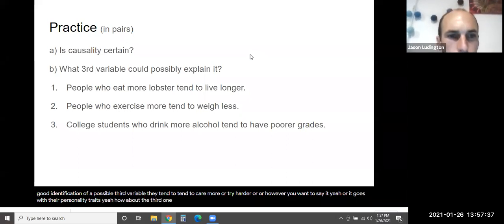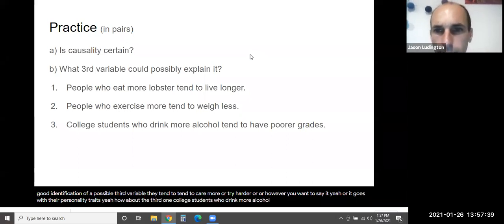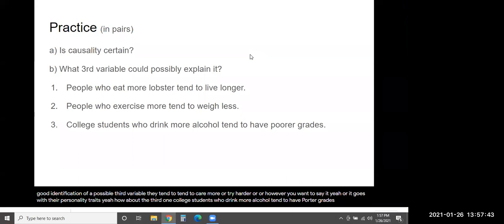How about the third one? College students who drink more alcohol tend to have poorer grades. You can also think of teenagers, who have a lot of responsibility and a lot to adapt to. Going from high school to university can be quite difficult because some may take time to adjust.